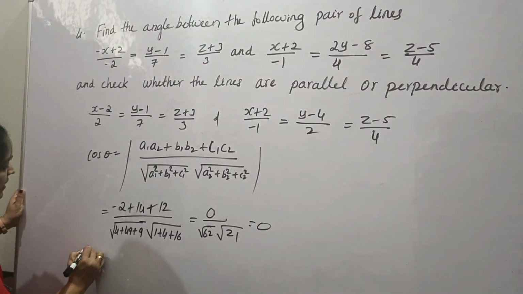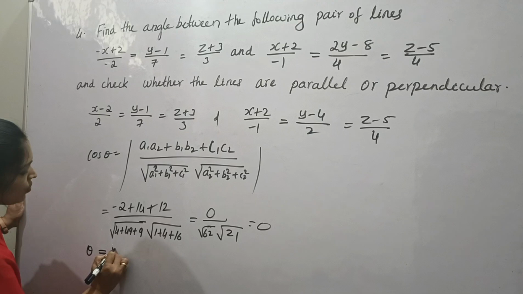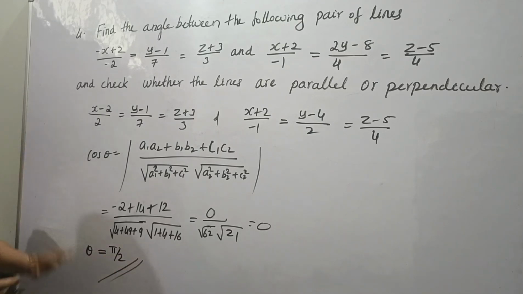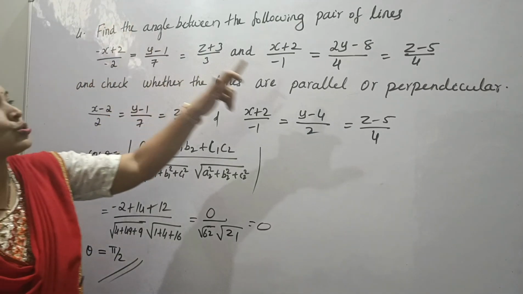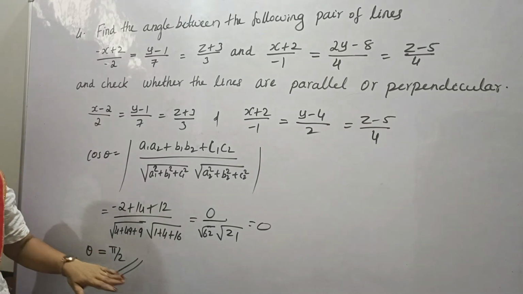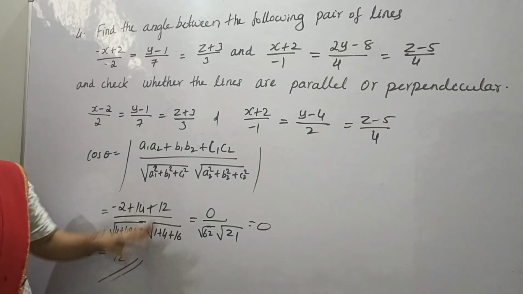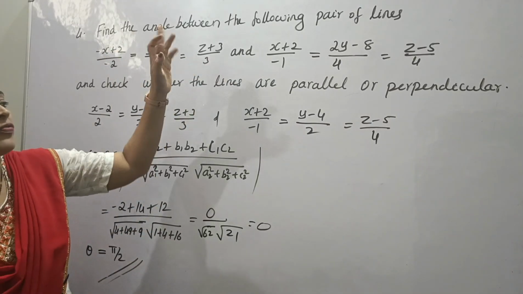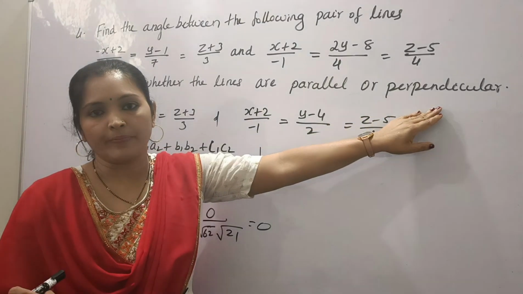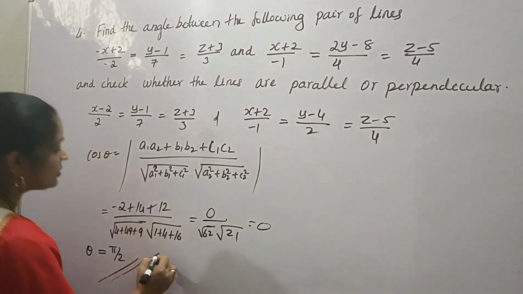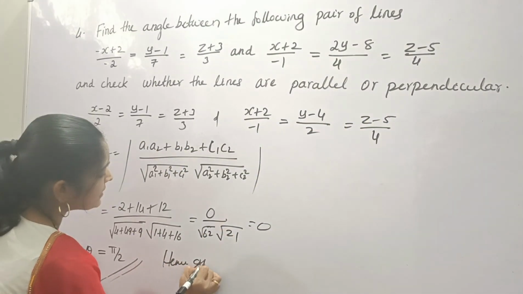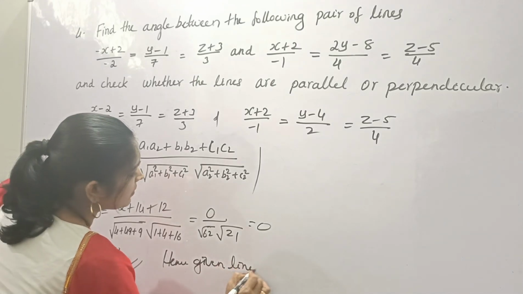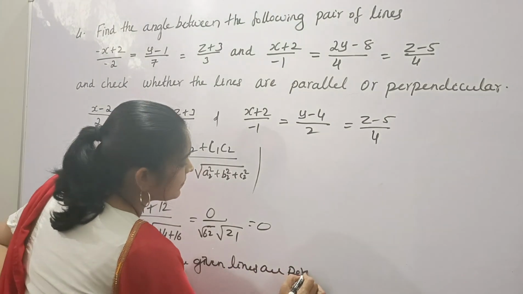That is 90 degree. Therefore, theta is equal to pi by 2. That is, angle between these two lines is pi by 2, 90 degree. Therefore, given pair of lines are perpendicular. Okay? Therefore, hence given lines are perpendicular.